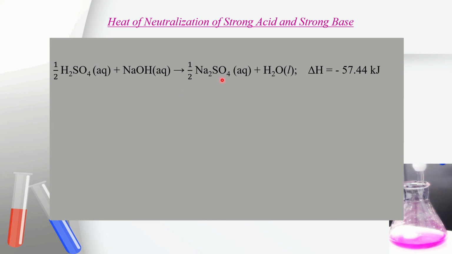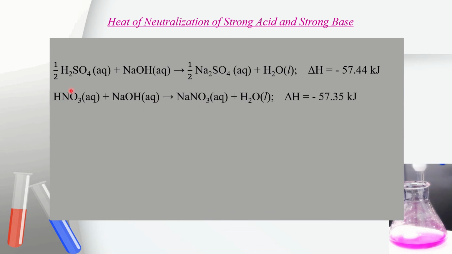Both are strong, and here heat of neutralization is minus 57.44 kilojoule. Another one, nitric acid and sodium hydroxide. Both are strong acid and base, and here the heat of neutralization becomes minus 57.35 kilojoule.